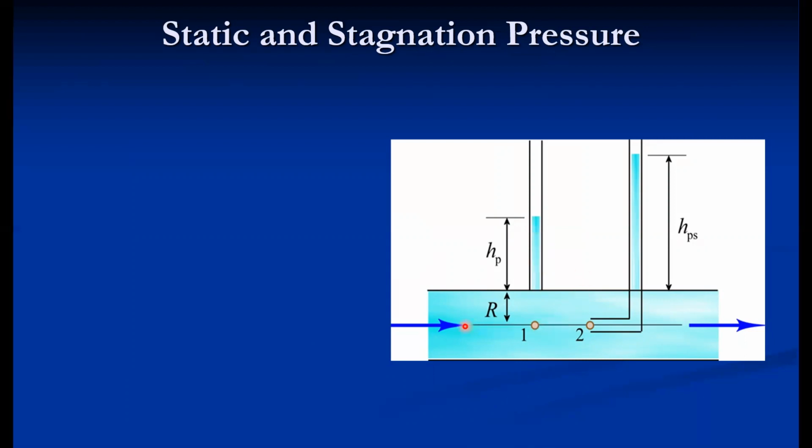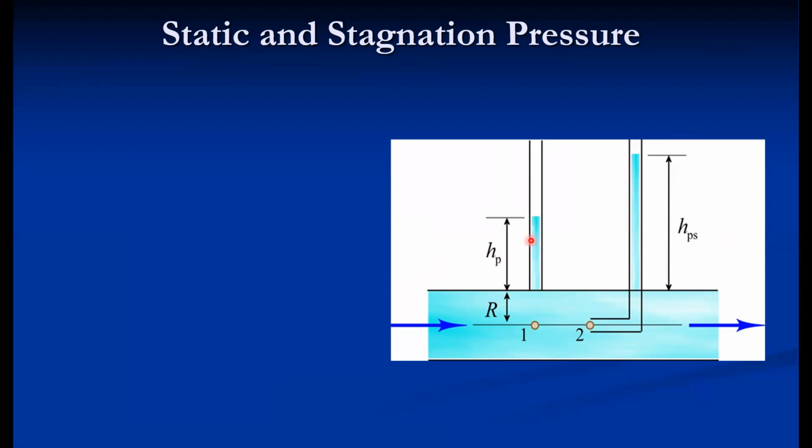And if it measures the dynamic head as well, because the fluid is brought to rest adiabatically from 1 to 2, all the kinetic energy is converted into pressure energy. Whatever the head is there, that is called the stagnation pressure, or equivalent pressure. So these two, HP and HPS.